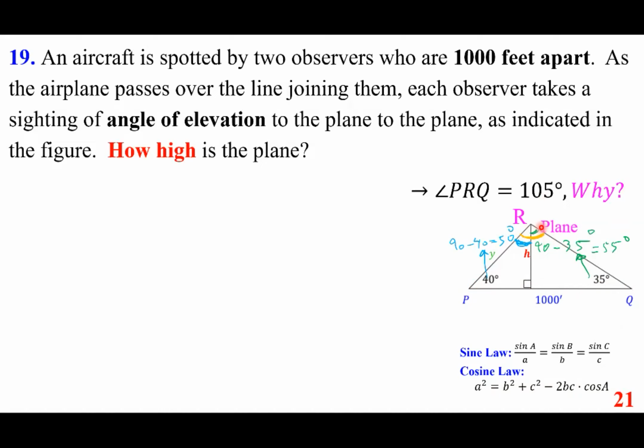So for example, if I want to find the y, this side, since this is 35 degrees, I can handle it using the sine law. So sine of 105 over 1,000 is sine of 35 over the missing y.